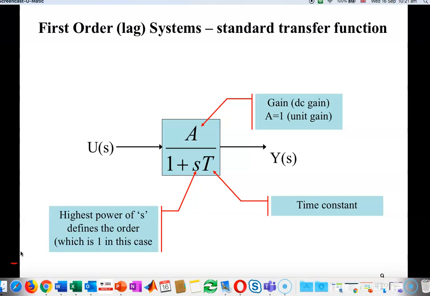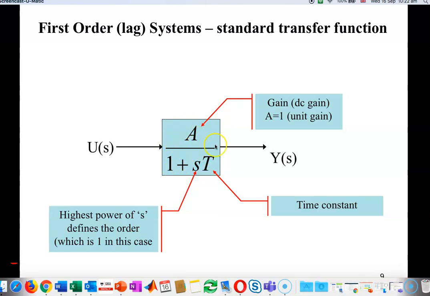So there are only two parameters, and it's in the form of A over 1 plus S times time constant. So make sure if you get a transfer function of a first order system, and in the denominator it is 1 plus something S times a value, then this is in standard form number 1.